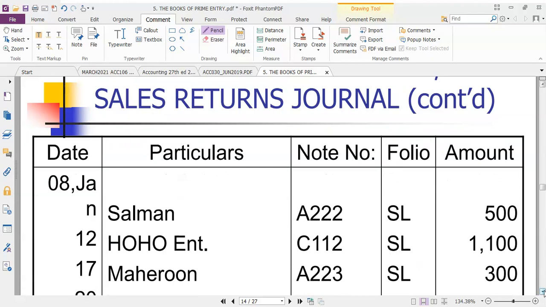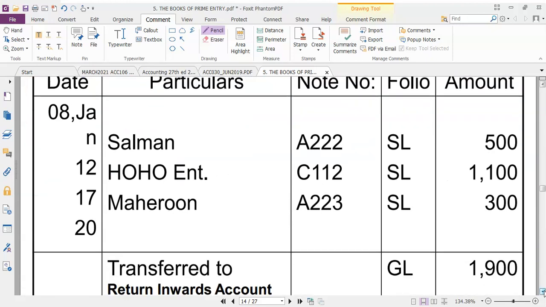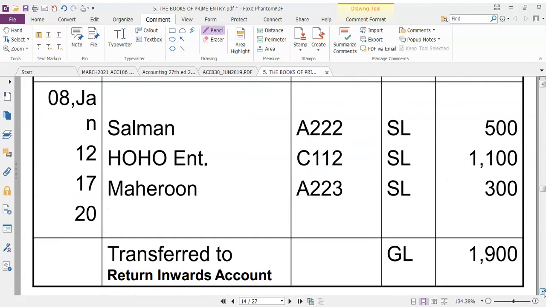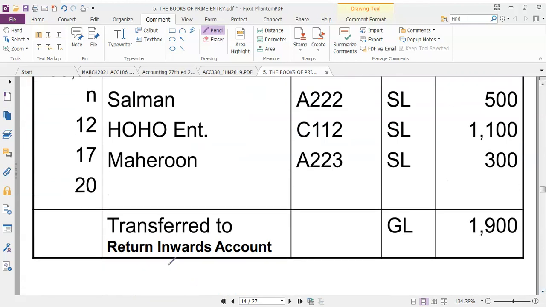After that, we total up the amount of return inwards, and we will transfer it to the return inwards account.